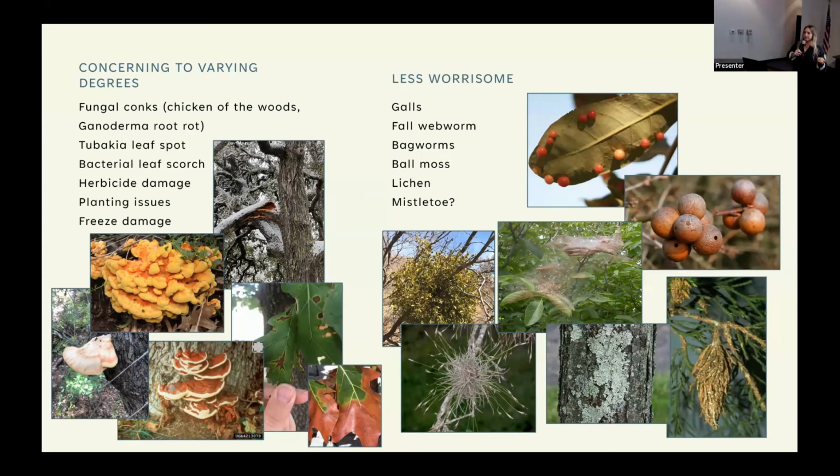It can turn the tree into like spongy mush, so it removes the structural integrity of the tree. That one is more common with more moisture, so I haven't really seen any this year, I don't think. Chicken of the woods is a brown rot, which means it makes it more brittle and like blocky. So instead of spongy, it's more like brittle.